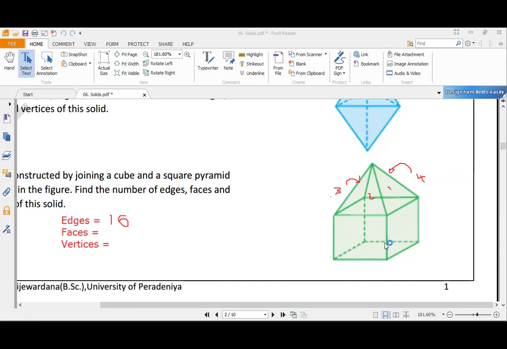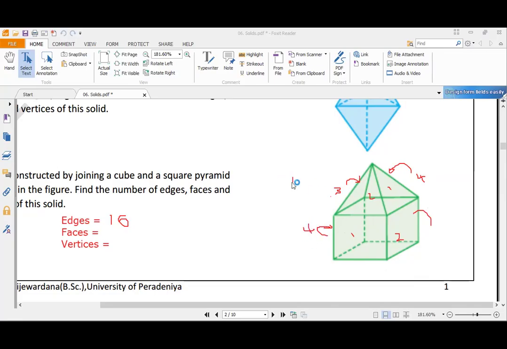And when it comes to the cube, normally you have 6 faces, but one square face has been pasted onto the square pyramid. So here you have the first side, then the second side, the other way around the third side. From this side you have 4 faces.